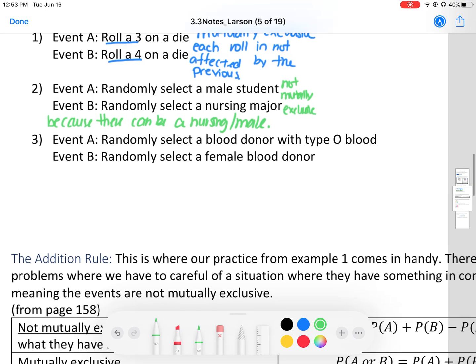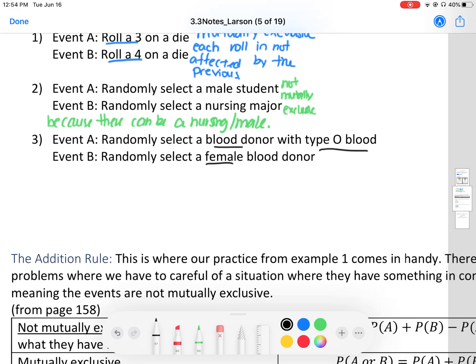All right, problem 3. Event A, randomly select a blood donor with type O blood. Event B, randomly select a female blood donor. Okay, is there anything in common? Yeah, there is a possibility that these two events can overlap. There can be a female that's also a blood donor with type O blood, right?